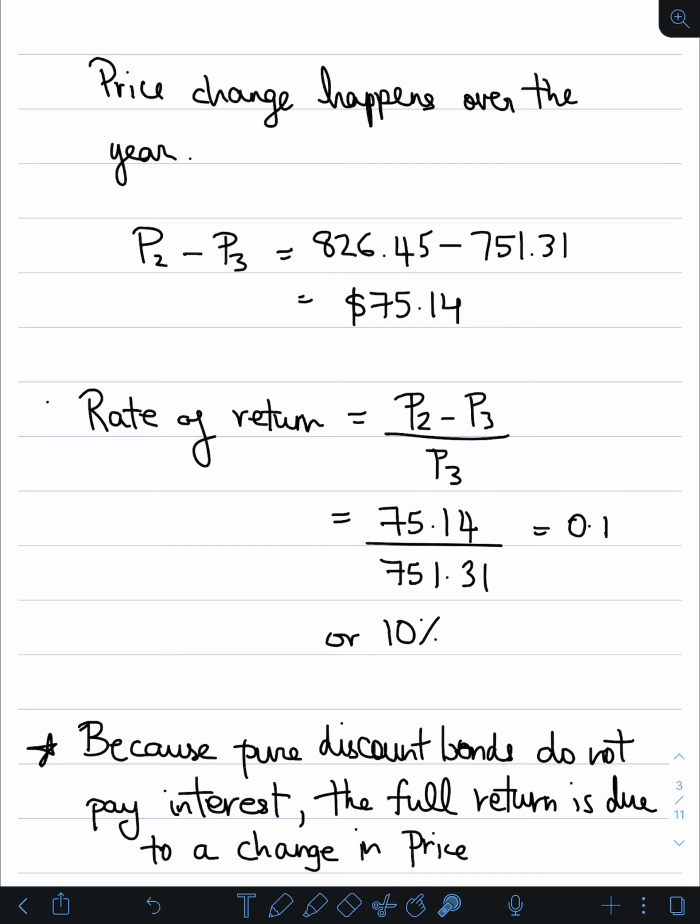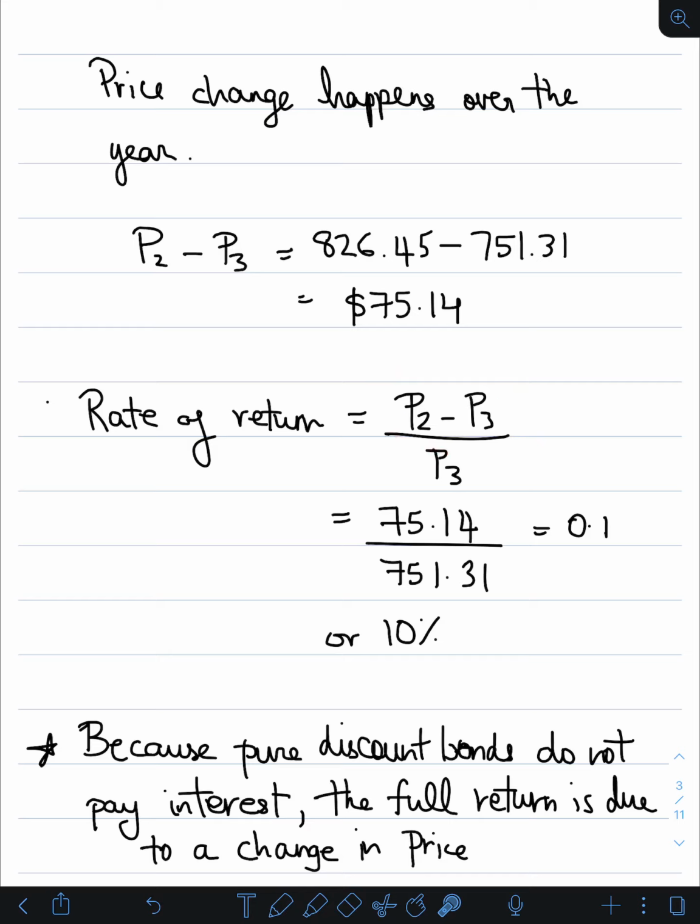What's the rate of return then? The rate of return should be, if you think about it, that 10%, because that's how the bond price is changing. But we'll calculate it to show it's the same thing. So we take that difference. Remember, whenever we're trying to find a rate of return, a percentage change, we do new minus old divided by old.